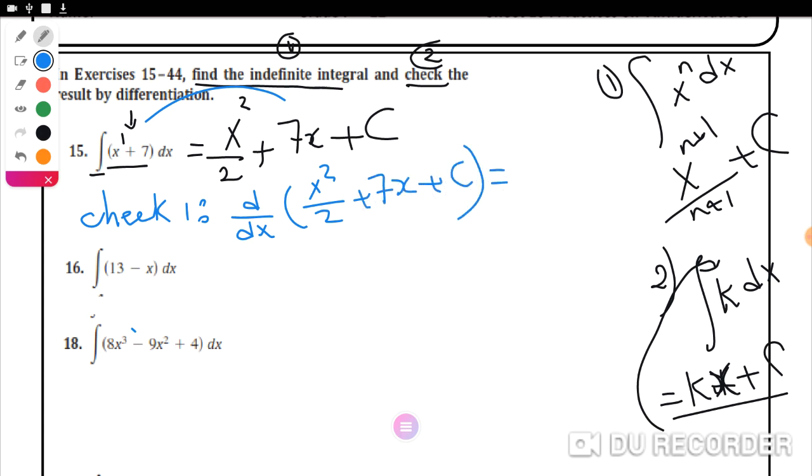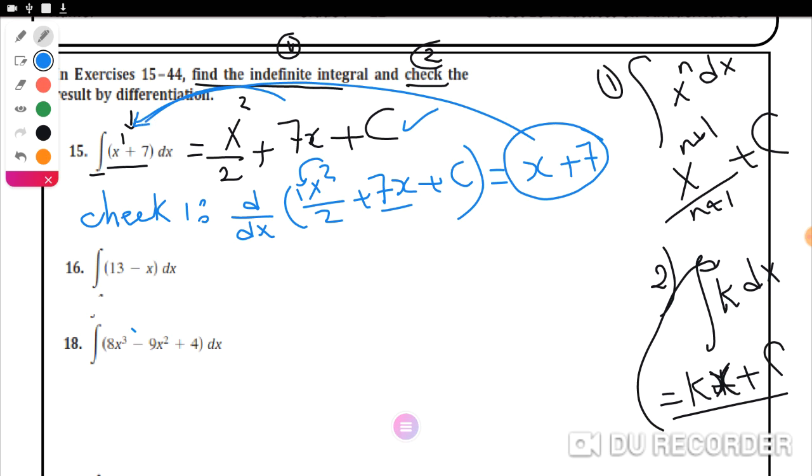If we differentiate, 2 multiplied by half gives x. The derivative of 7x is plus 7. The derivative of any constant is 0. As you see, the differentiation of the result gives you the integrand function.